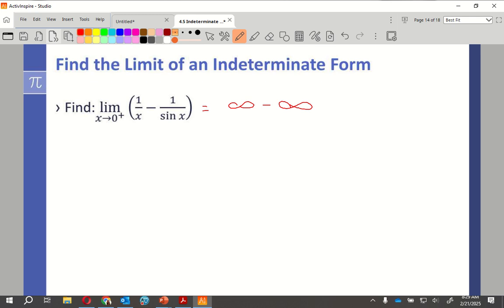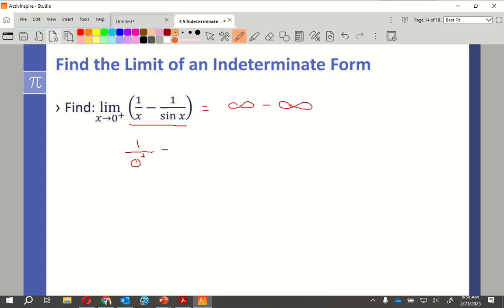Alright, from here, when you see these, do common denominator. Just make this into one problem. Can you explain why? Plug in 0. So this is 1 over 0 from the right. Okay. So again, this is getting closer and closer to 0, right? As this gets smaller and smaller, this number becomes infinity.